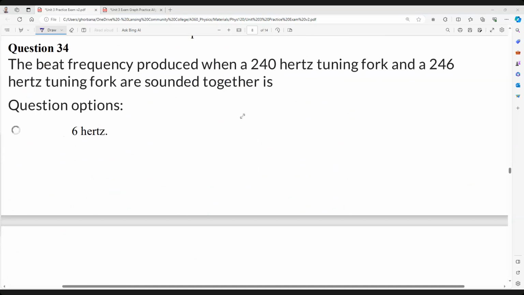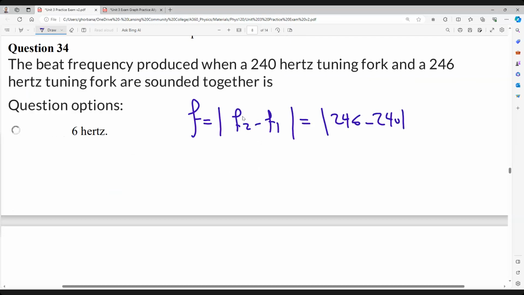So what is the beat frequency? The beat frequency is the absolute value of the difference of the frequencies. 6 hertz. Perfect. It's going to be 246 minus 240, which is 6 hertz, the beat frequency. So 6 is the right answer.